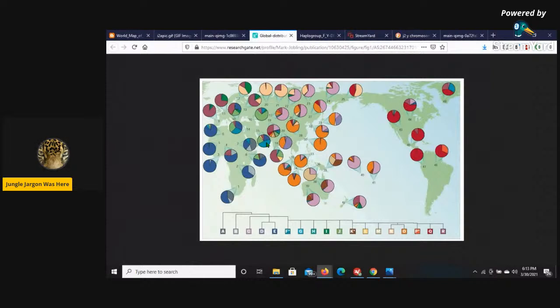And I'm pretty sure F is the Elamites. This map is probably not that accurate, but that seems to be the color right there for F, which is a huge, almost 50% of the population in this area is F or some facsimile.